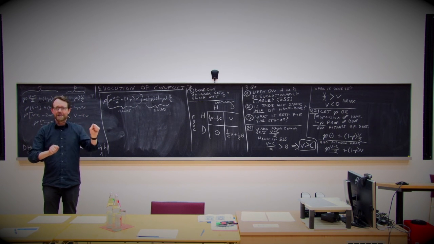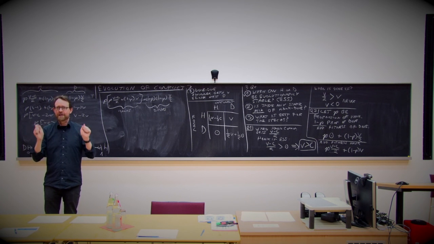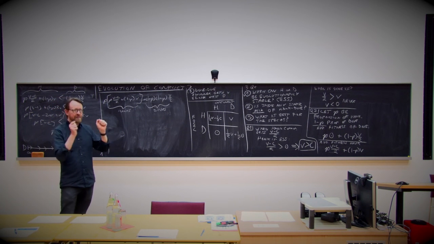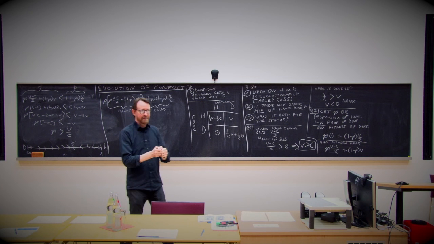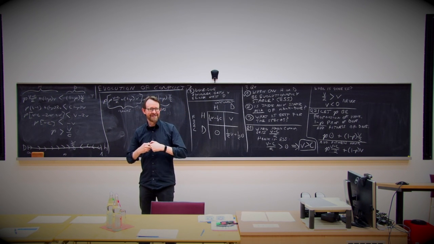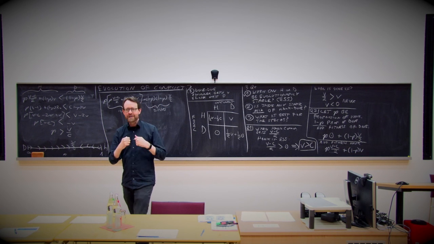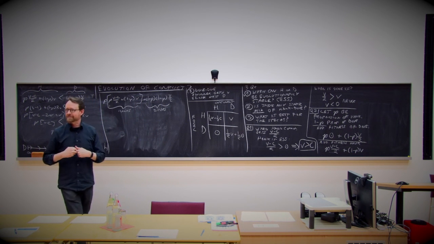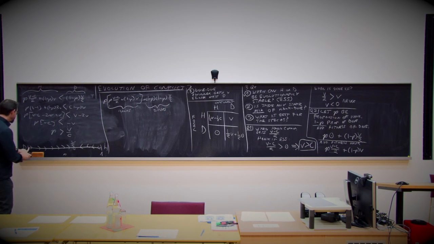So the average fitness in those pairs is always V over 2. As soon as hawks meet one another, that's bad for population growth because injury depletes the value of the resource. You believe me now? That increasing P always decreases the population growth rate. And so this over here is where population growth rate is maximized, but that is never evolutionarily stable.